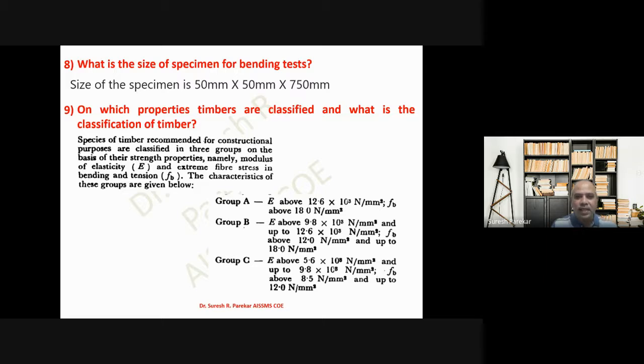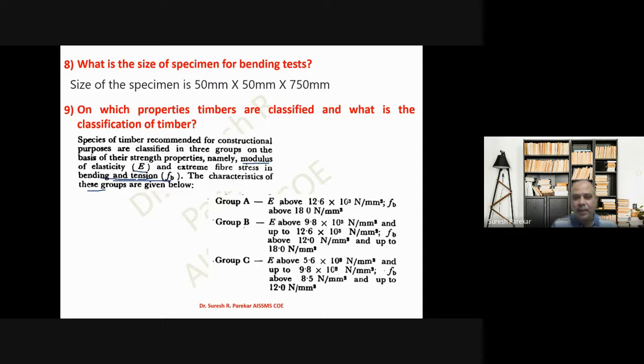Timbers are classified according to their strength properties, mainly modulus of elasticity E and the extreme fiber stress in bending and tension, that is FB. The groups are group A, group B, and group C, according to these two properties.